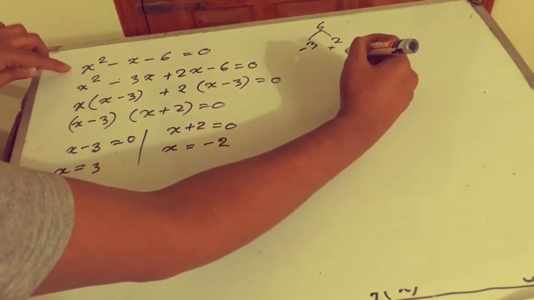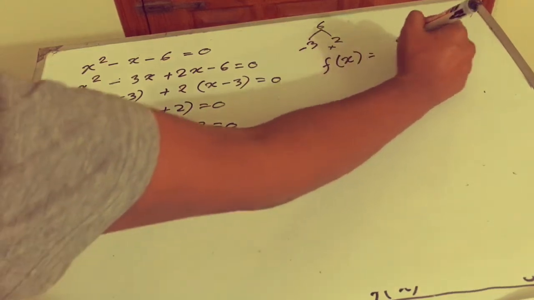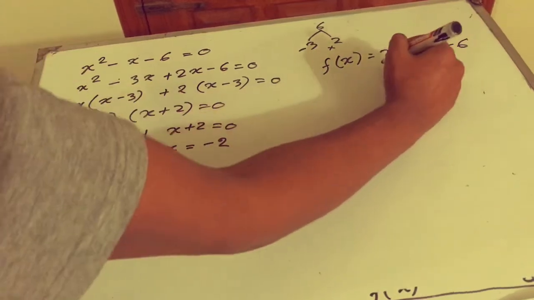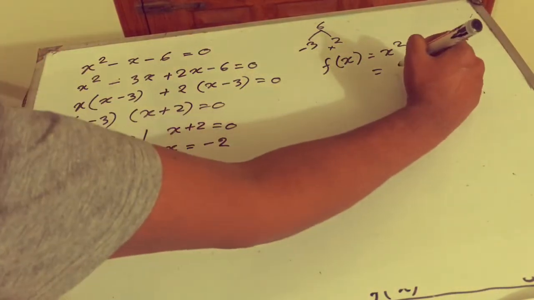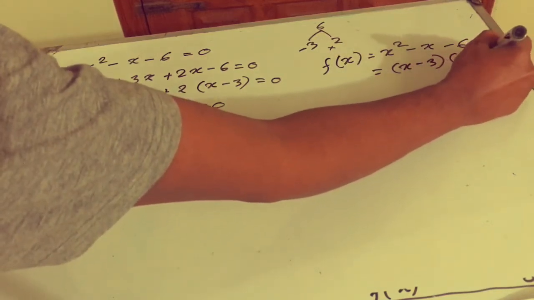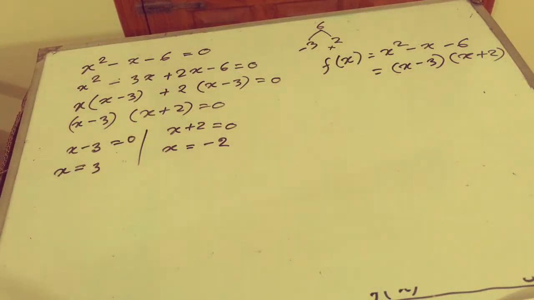Now we can write the same thing in terms of function. So f of x equals x squared minus x minus 6. In the same way we can factor it, and it becomes x minus 3 times x plus 2. So basically what we are getting here is the factored form of this function.